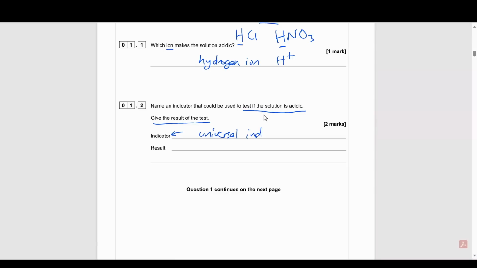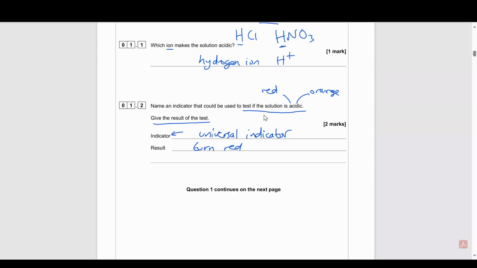Now, if we were to use that, what color should it turn? Well, remember your pH scale. If something is acidic, very acidic will be red, and slightly acidic would be orange. So the result of the test then, if something is acidic, it would turn red, and that would be acceptable.